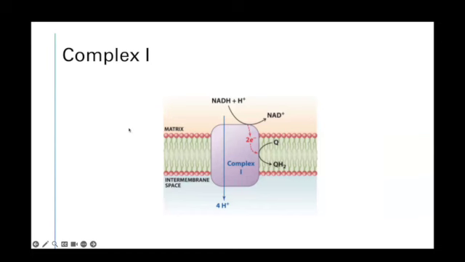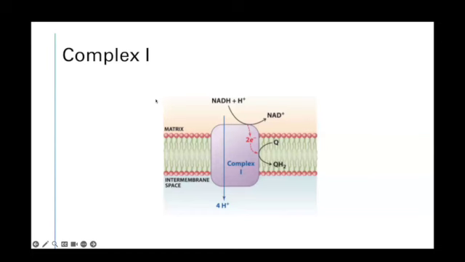So to summarize, NADH drops off 2 electrons. They travel from a flavin molecule to the iron sulfur cluster until they reach ubiquinone to form ubiquinol, that QH2.